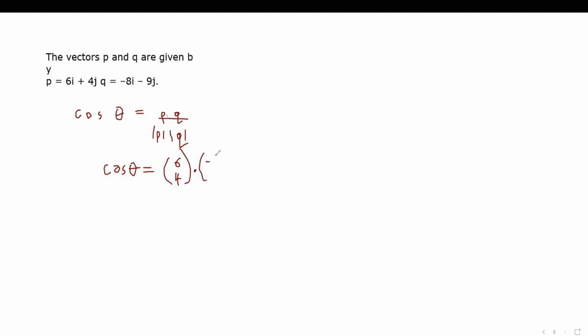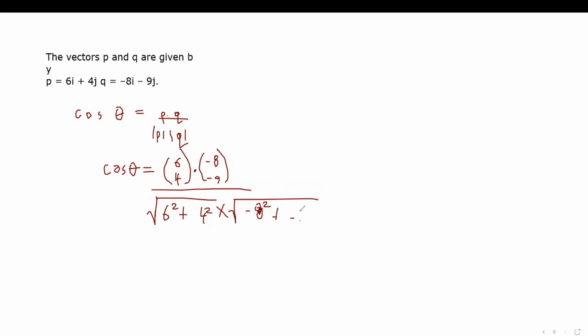This is divided by the magnitude of P times the magnitude of Q. The magnitude of P is the square root of 6 squared plus 4 squared, and then we work out the magnitude of Q, so multiply also by the square root of minus 8 squared plus minus 9 squared.